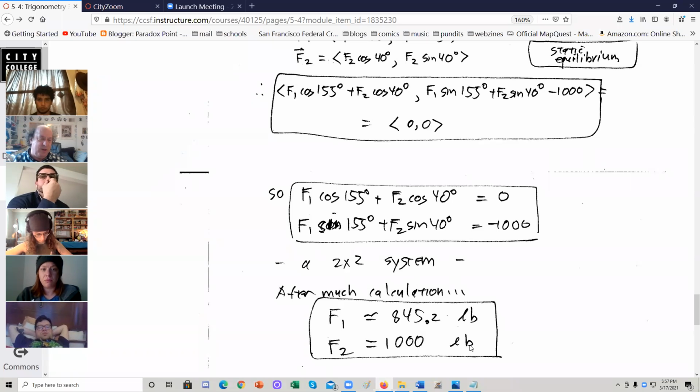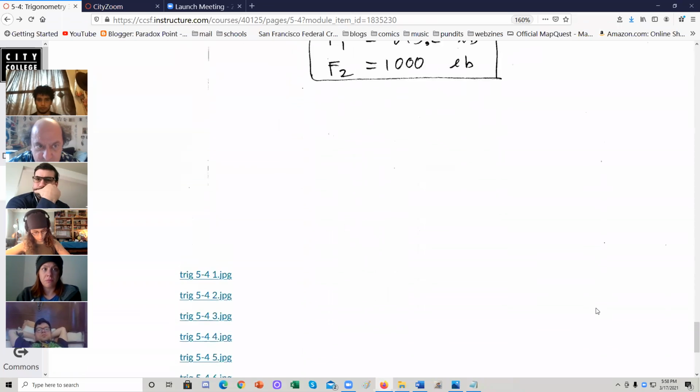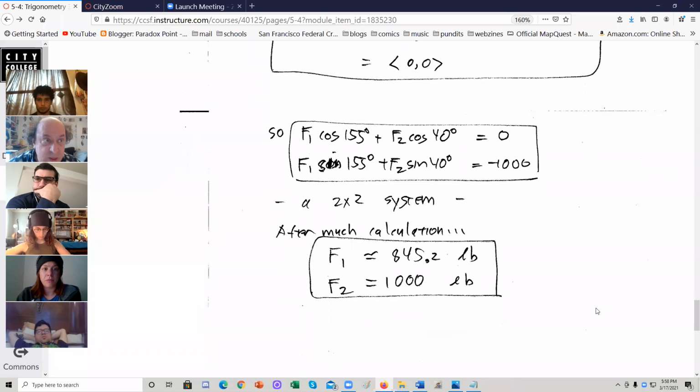I'll have to correct it in the canvas. Let's see what we have here. Last page, equals plus 1,000. Okay, I'll have to change this to a plus 1,000.